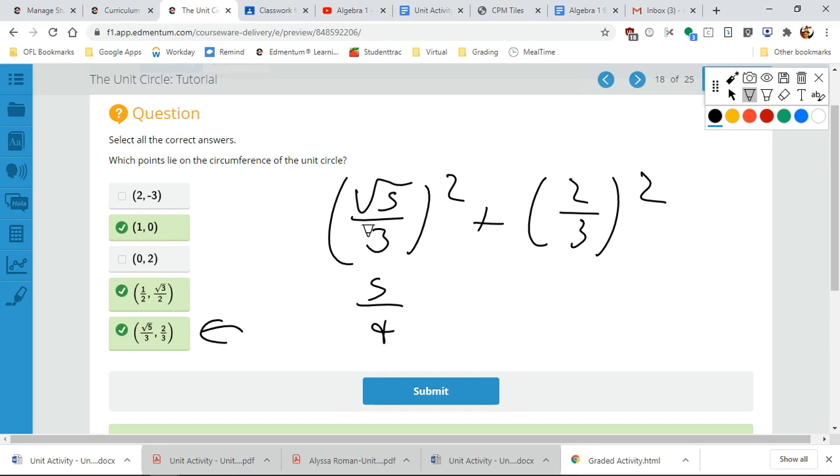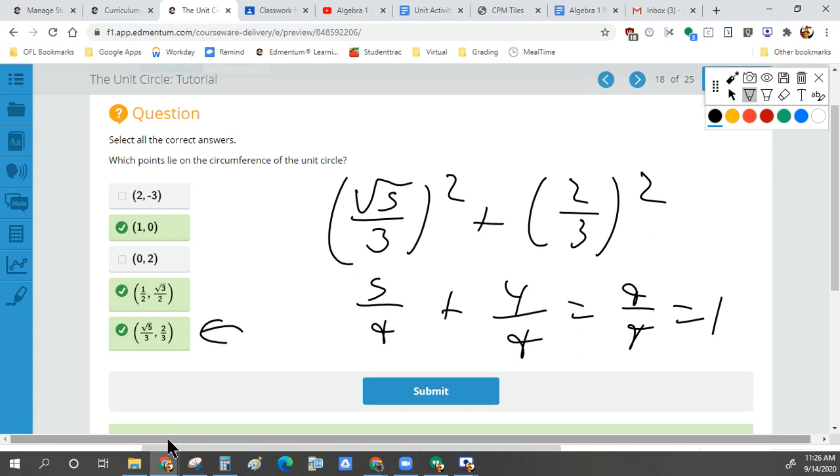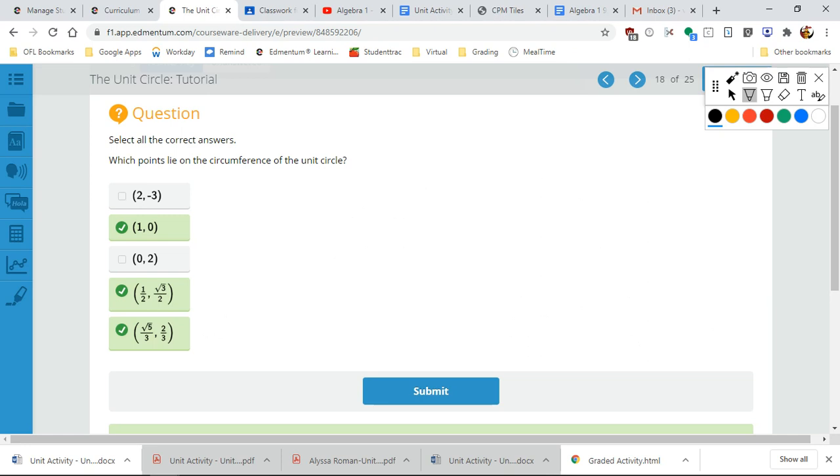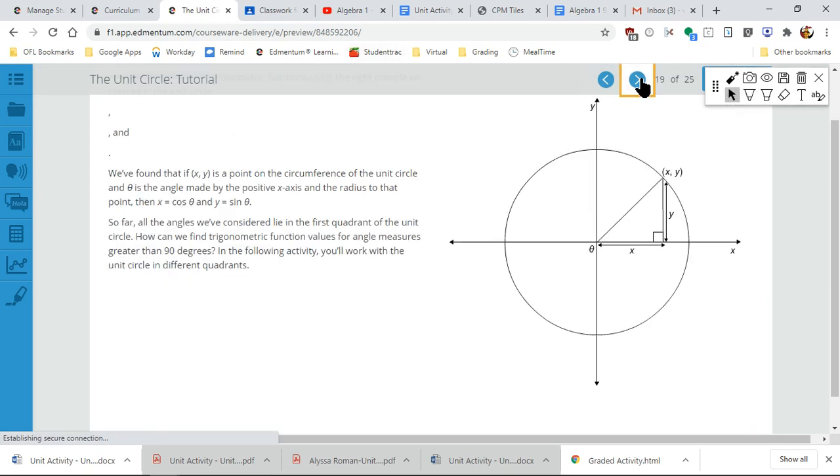Square root of 5 times square root of 5 is just 5. 2 times 2, 4. 3 times 3, 9. So you get 9 over 9, which is the same thing as 1. So I think this was a trick question because it does lie on the unit circle, but to be honest, we're never going to use this. We're always going to use 30 degrees, 45 degrees, or 60 degrees, or multiples of those.